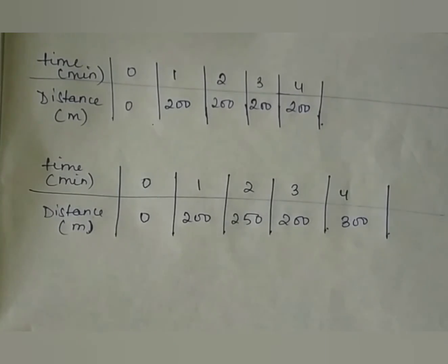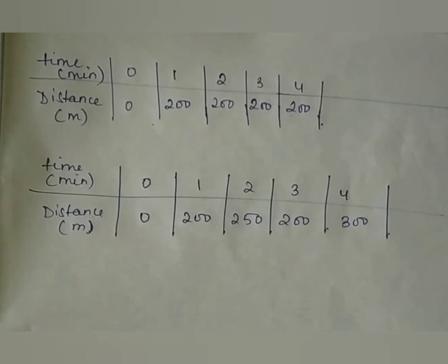So in equal interval of time, that means in each minute you are traveling different amount of distance. In the first minute you are traveling 200 meters, in the second minute you are traveling 250 meters, in the third minute you are traveling 200 meters, and in the next 1 minute you are traveling 300 meters. So in every minute you are traveling different amount of distances.